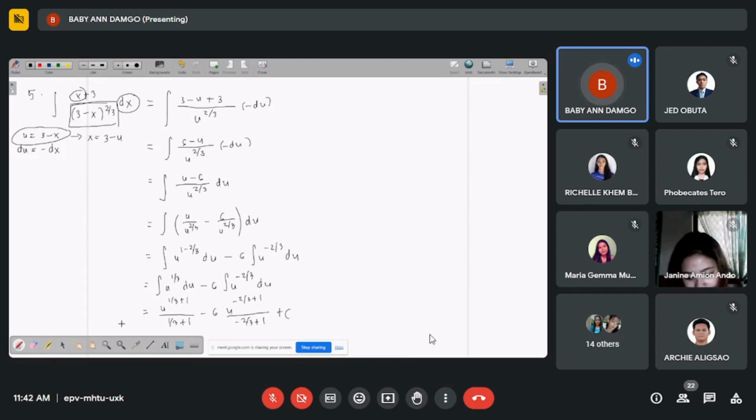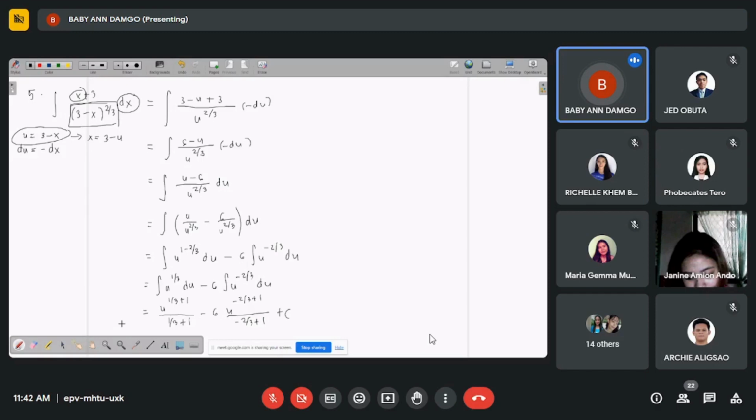Okay, so simplify, we have u to the power of 4 over 3 all over 4 over 3 minus 6 times u to the power of 1/3 all over 1/3 plus c.